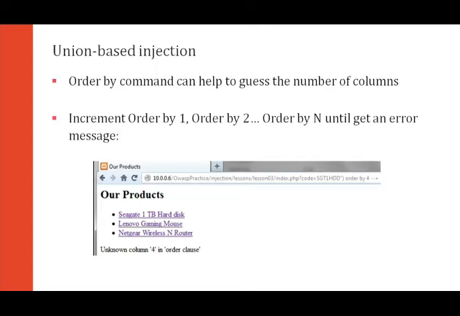That means when we get to order by 4, the application throws an error saying there is no column 4. That tells us there are only 3 columns in that specific section of the application. We don't know the table behind, but we know it is 3 columns. Because of that, we can start constructing a more elaborate attack. Let's see that.